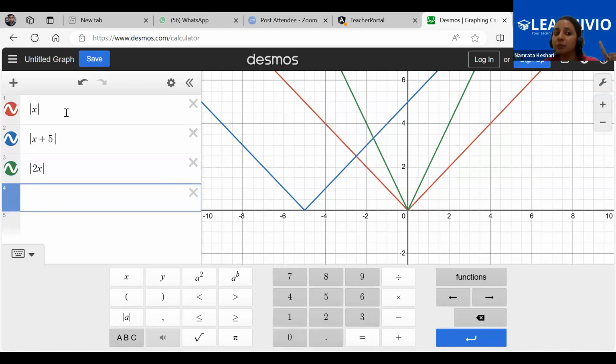Just by knowing the modulus function graph, you will be able to predict accurately the graph of x plus 5, the graph of 2x, the graph of anything, maybe 3x minus 5. Can you see it? And accurately you will be able to predict. Just a moment, I think I have missed one mod over here.